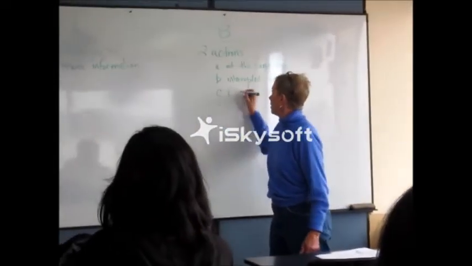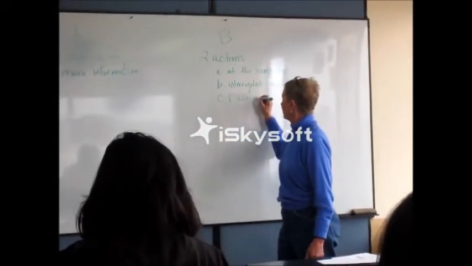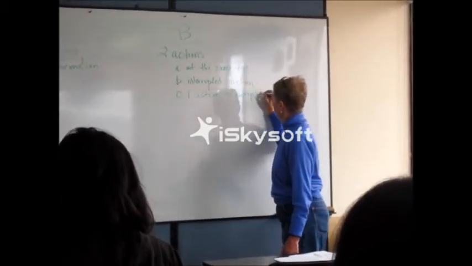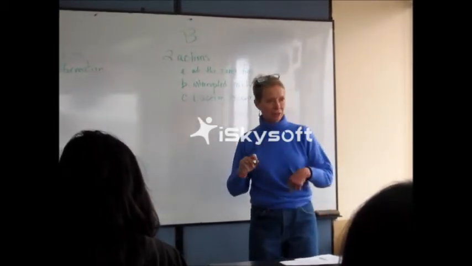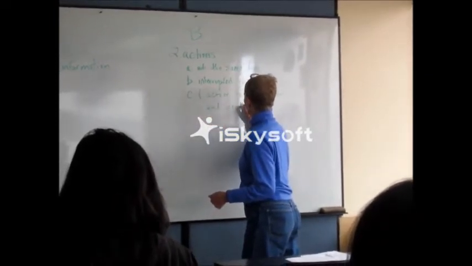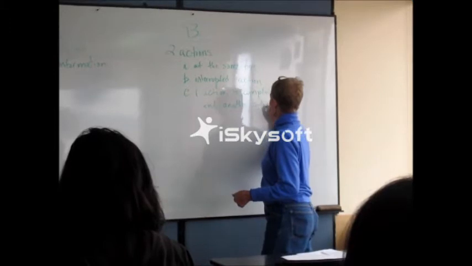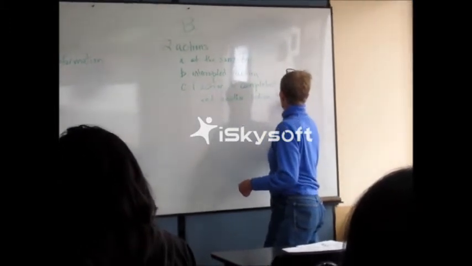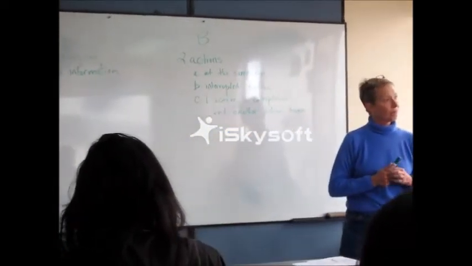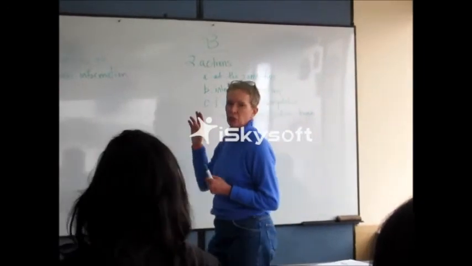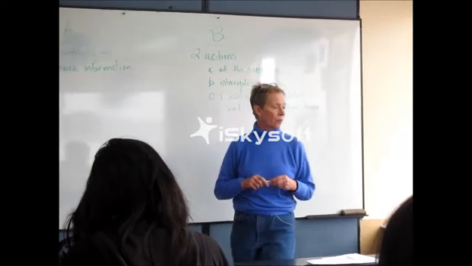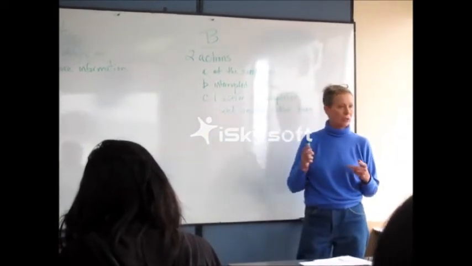And the third situation we can have with two actions where we use a participial phrase is when we have one action that is completed and another action begins. Okay, so having defeated Chile, Ecuador is going to the World Cup.